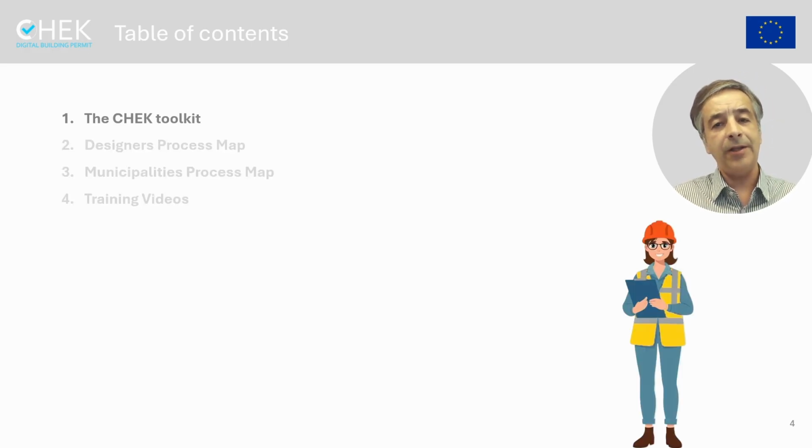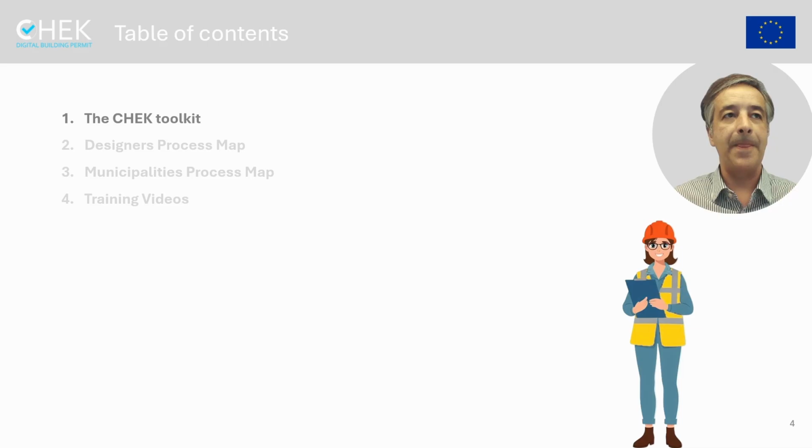So the CHEK toolkit is exactly what I've been speaking about. It's a set of tools that have been created sort of independently in some cases, and in other cases collaboratively with each other, that lead to the fact that you do not necessarily need to use a single solution from beginning to end, but you can contribute through several solutions to a final purpose, which is the process of digital building permitting.